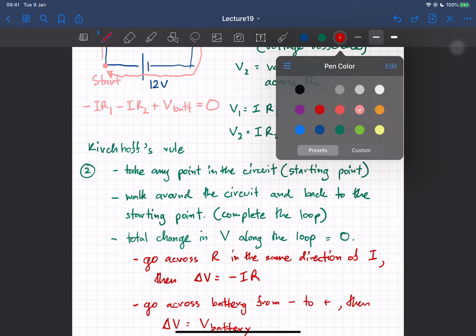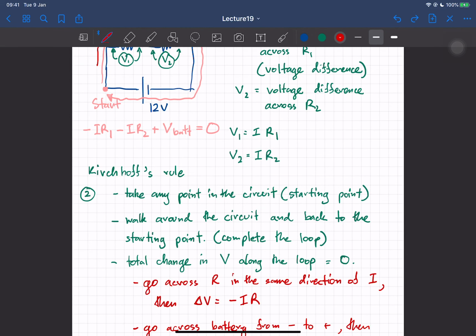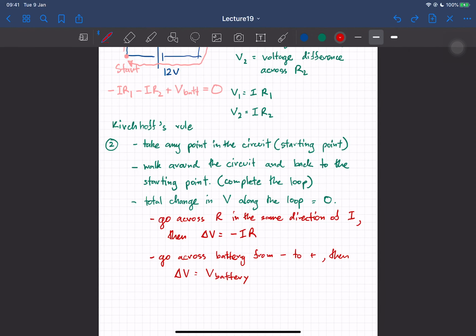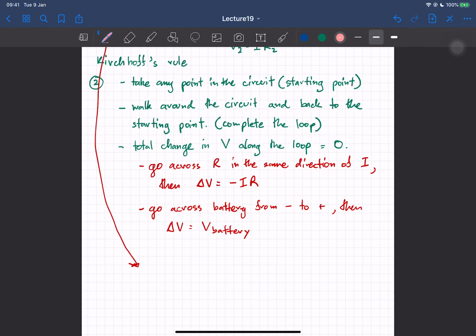All right, so from this, what you get here is minus IR1 minus IR2 plus V battery equal to 0.